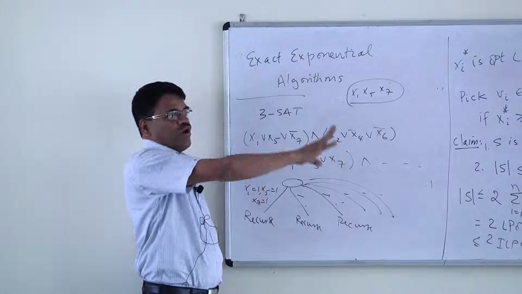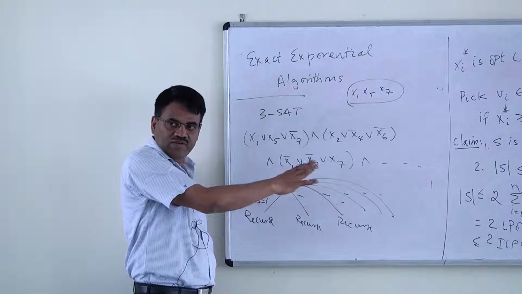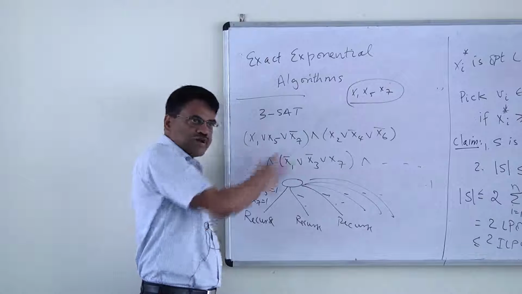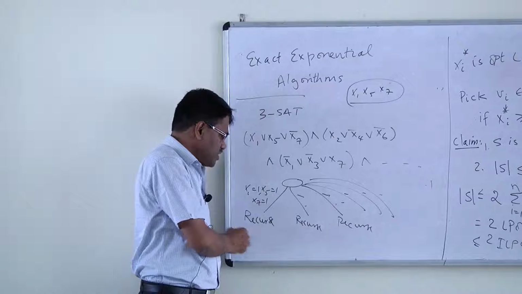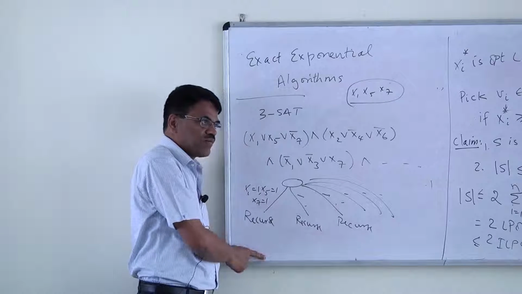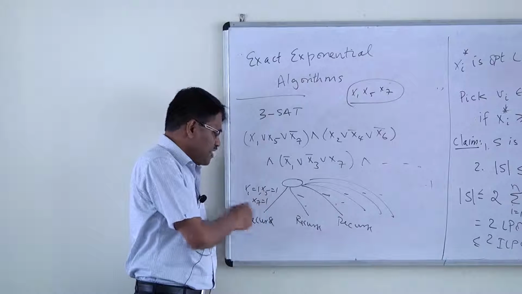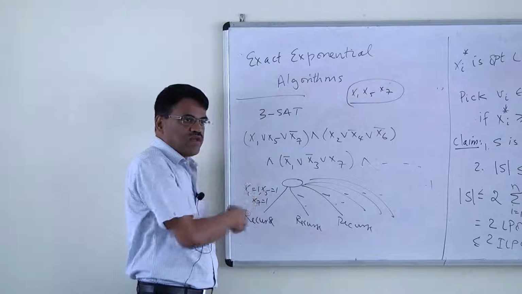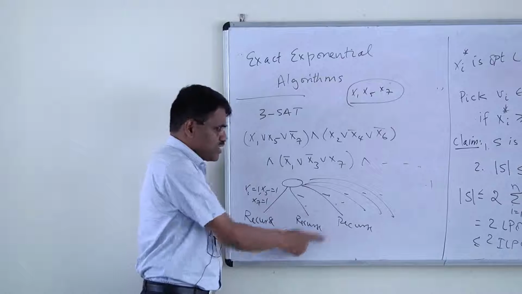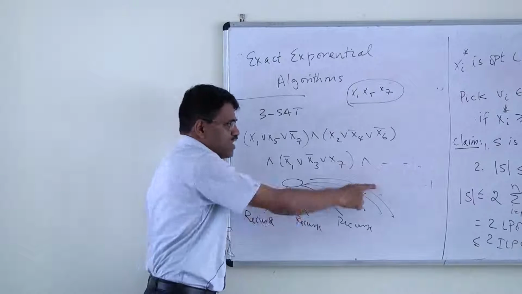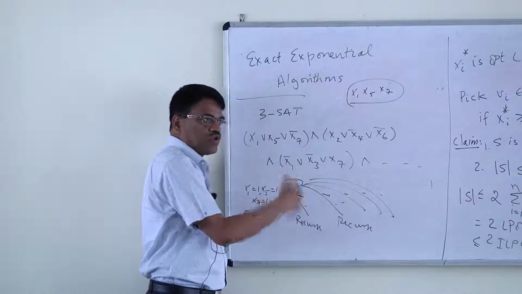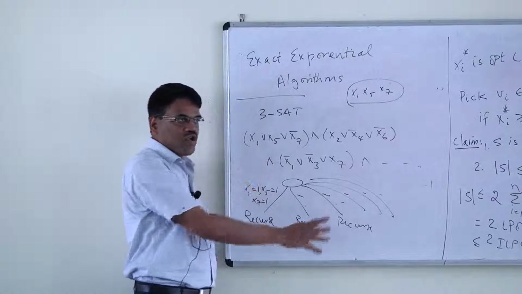Instead of trying all the 8 assignments, I'm going to do 7 assignments. And then I simplify the formula, and then I ask in the remaining formula, is it satisfiable? If I set this and if the remaining is satisfiable, good, I'm done. If not, I try this. If the remaining is satisfiable, I'm done. Otherwise, in any of the 7 branches, I get no, no, no, no. I know that it is not satisfiable.